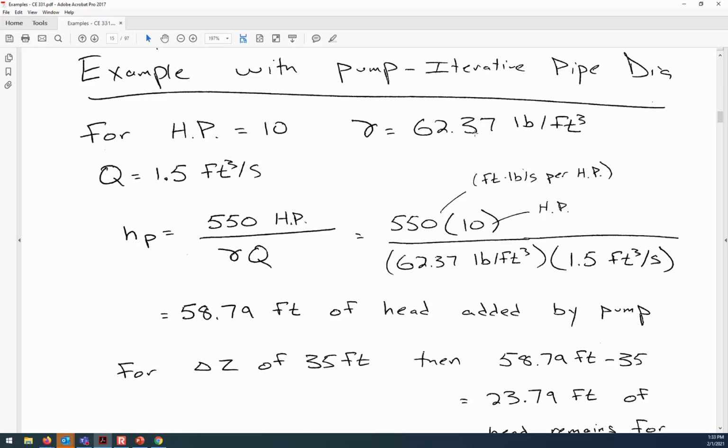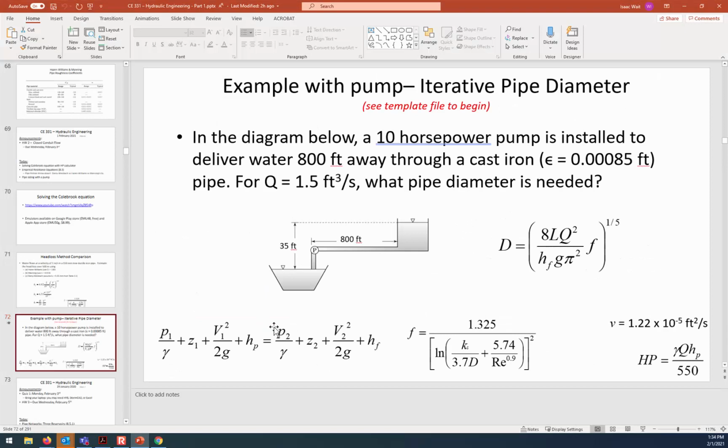And so the pump head, H sub P, the head that the pump is adding, if we multiply the 10 horsepower by 550, because we want to, in the numerator, have the foot-pounds per second, and then in the denominator is our unit weight of water, 62.37 pounds of force per cubic foot of water, and then the flow rate of 1.5 cubic feet per second. You'll see that this pump is adding 58.79 feet of head.